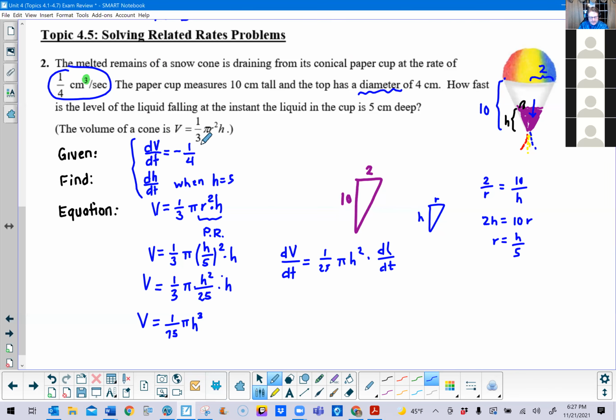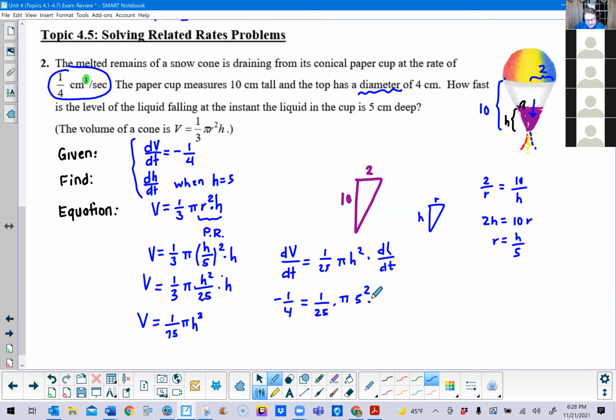You know that the dV/dt is negative 1/4. So we'll insert that here. And we know that the h is going to be 5, which is kind of nice because that 1/25 and this 5 squared are going to cancel each other out, aren't they? As you can hopefully tell.